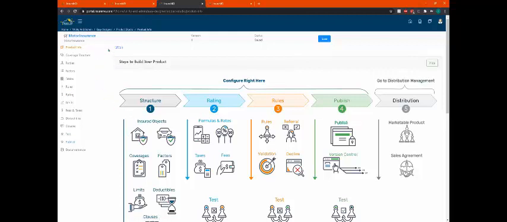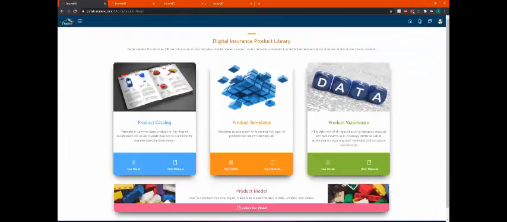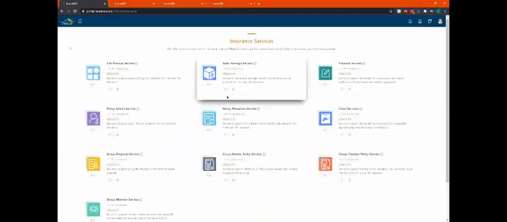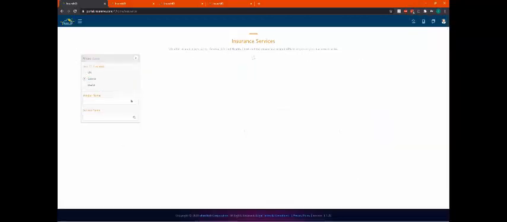The output of this is a set of APIs that you can use as individual building blocks, right? And on the screen, we categorize them here as insurance services, all right? So within insurance services, you have all of those bits and pieces, the building blocks, the Lego pieces that you need to assemble your insurance scenario.